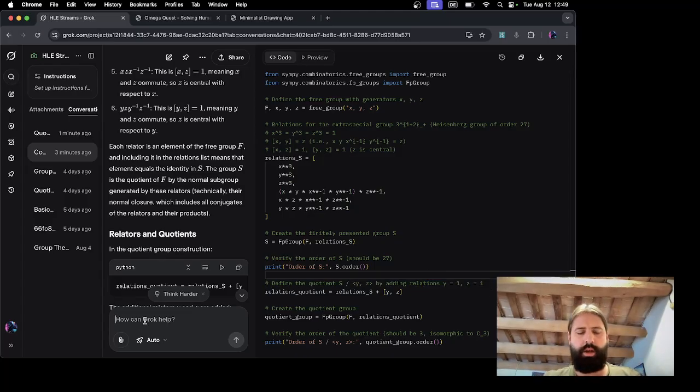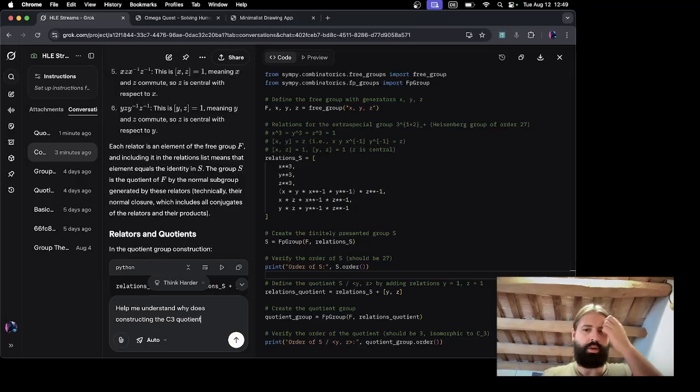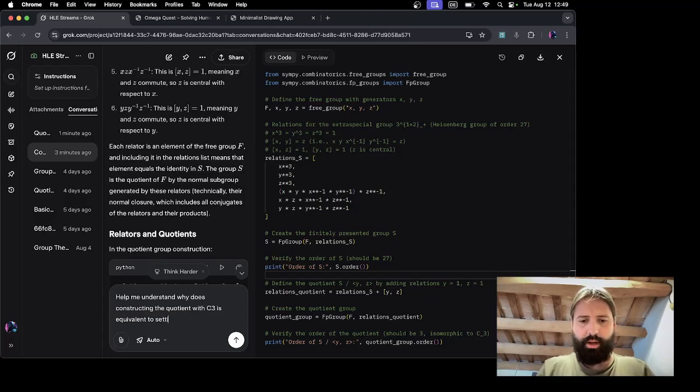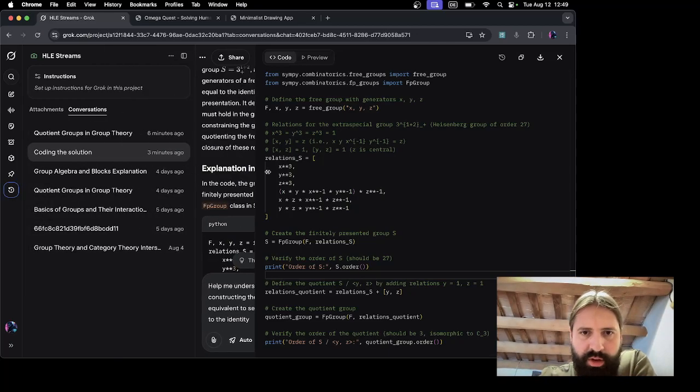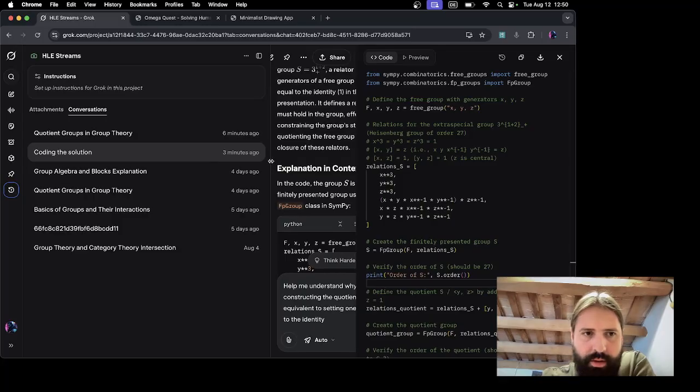So help me understand why constructing the C3 quotient is equivalent to setting one generator to the identity. Why? Because the quotient thing was about restricting behavior, right?